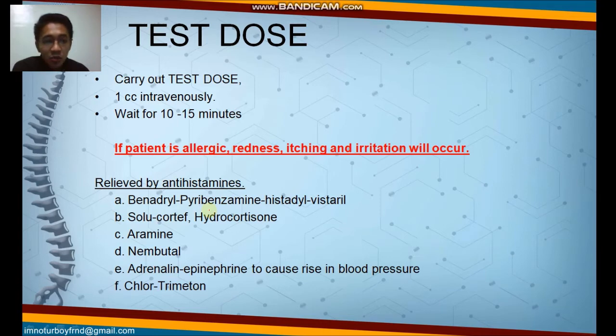Sometimes the physician would ask the patient to buy pre-medication. For example, kaning Benadryl. And kaning Benadryl, for example, ipapalit sa patient the night before. And then mga 3 hours or 4 hours before examination, the patient will be asked to take the Benadryl, or at least 2 hours before the examination, the patient would be asked to take the Benadryl.